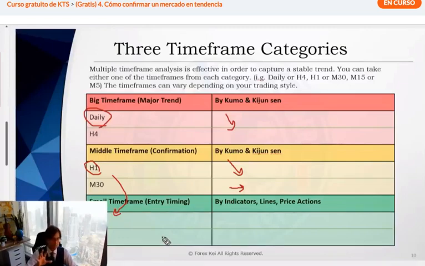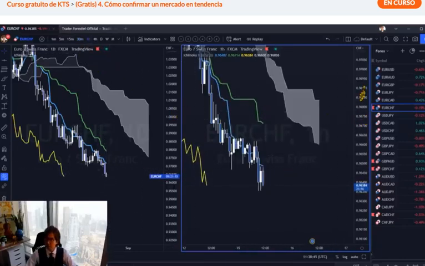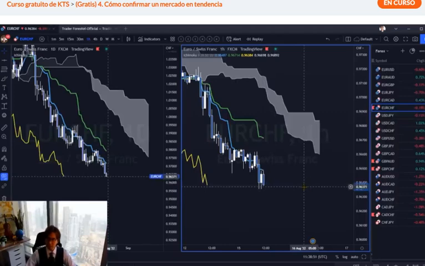I hope you get this idea. That's how I look for an entry timing. In this case, I go down to the 5-minute and look for the selling opportunity here. And also stop loss. Make sure the stop loss is not too wide when I take this trade.